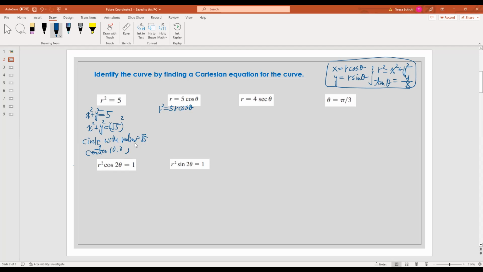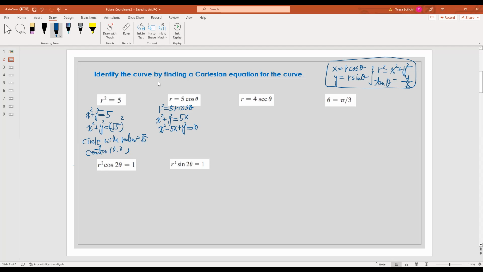I know r squared is x squared plus y squared, and r cosine theta is x, so this is 5x. Moving everything over, x squared minus 5x plus y squared is equal to 0.